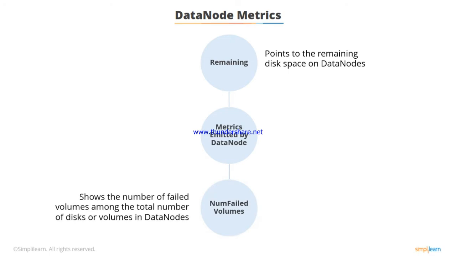Num failed volumes. This shows the number of failed volumes among the total number of disks or volumes in data nodes. By default, a single volume failing on a data node will cause the entire node to go offline. Depending on your environment, that may not be desirable because most data nodes operate with multiple disks.